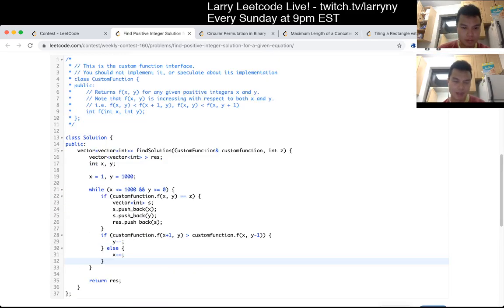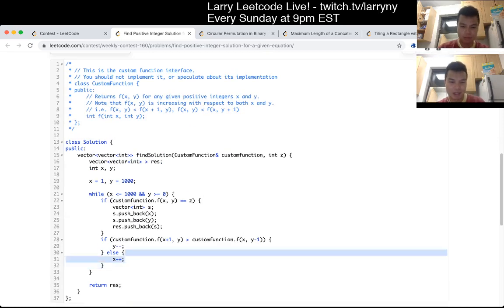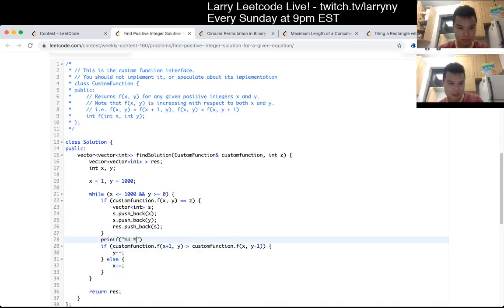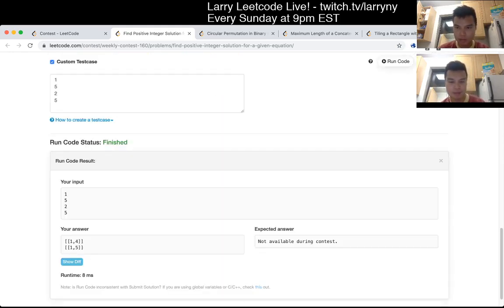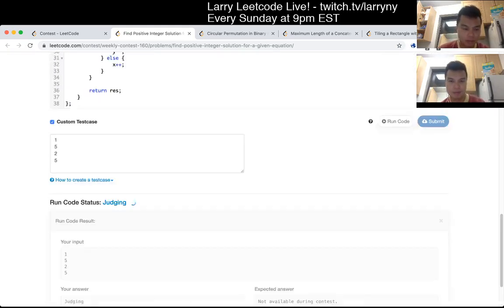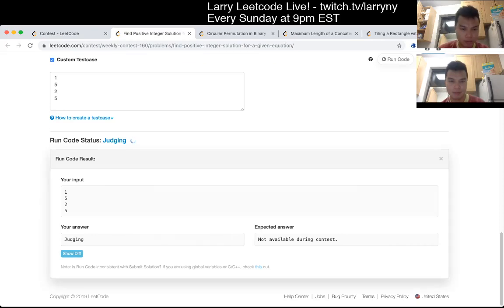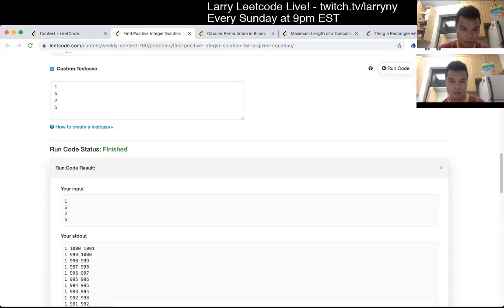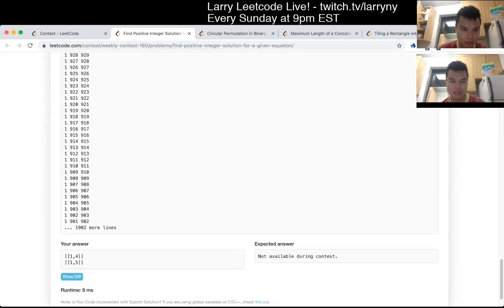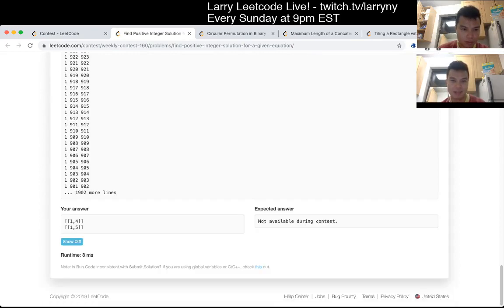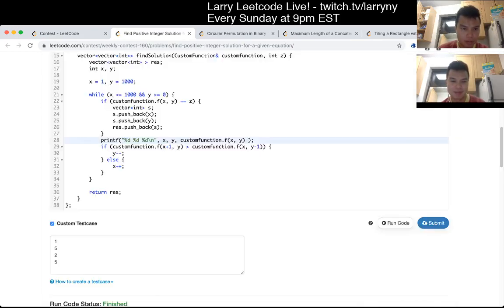At this moment, I just print it out to see what I'm seeing. I'm like, man, this prints way too much. It's not that helpful for debugging.